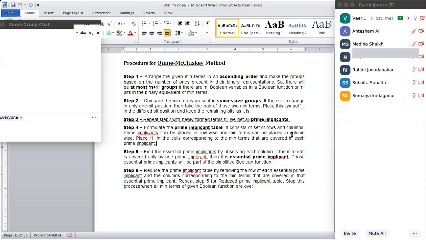After the third step, first we need to formulate the prime implicants, which means writing the expression for each. Then we write the prime implicants row-wise, and the minterms already given in the problem column-wise. Wherever a minterm is covered, we write 1 in the corresponding cell. How this fourth step works, we will see now.